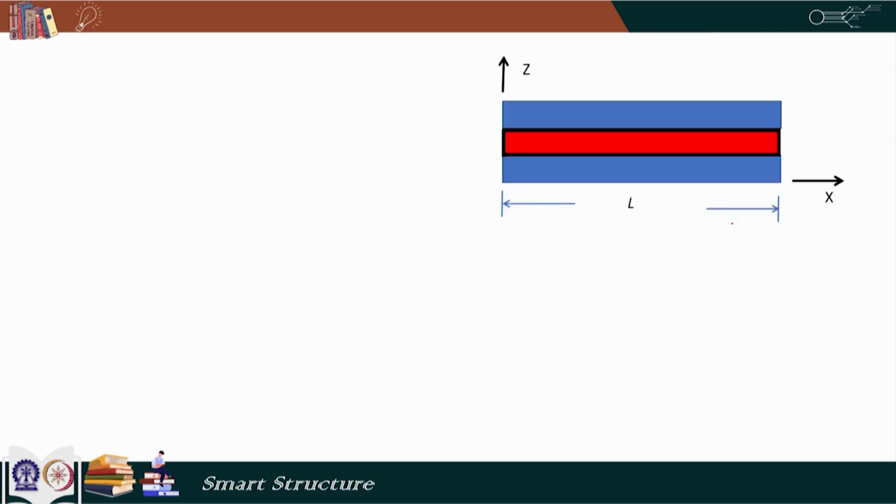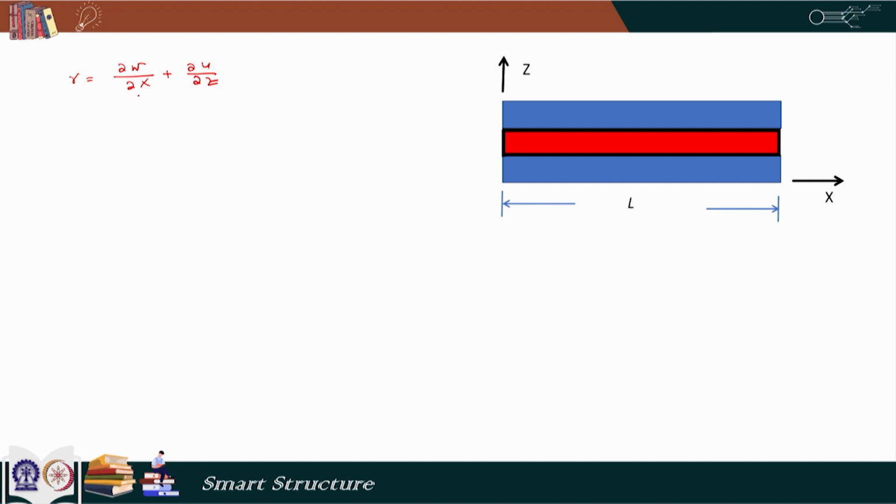Now, from this kinematics, first we have to define the shear strain in the fluid layer. The shear strain in the fluid layer is gamma, which we can say is del W by del x plus del U by del z. So, that is the shear strain in the x z plane.